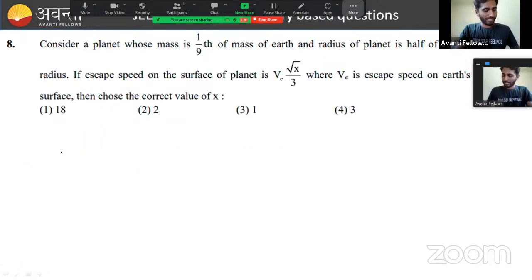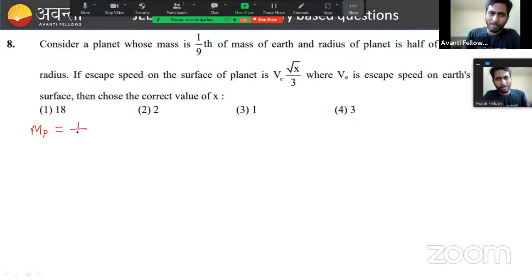Okay, the question says here, consider a planet whose mass is 1/9 times the mass of the Earth. It's simple. The data they gave, write it down immediately. Mass of the planet we considered here is 1/9 times the mass of the Earth, and the radius of that planet is half the radius of the Earth.